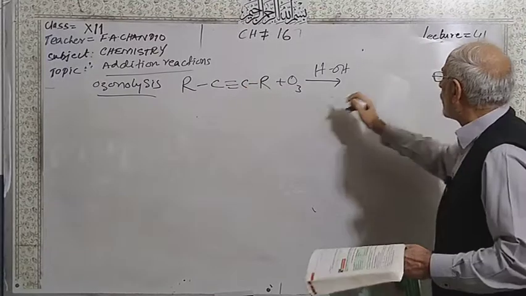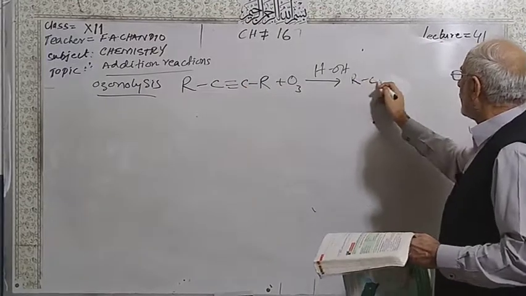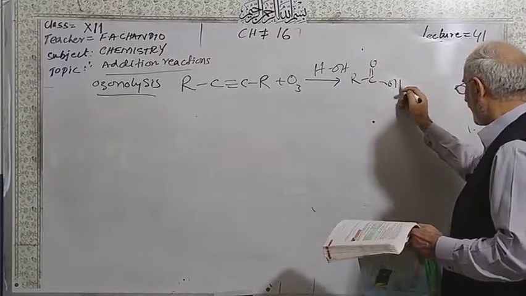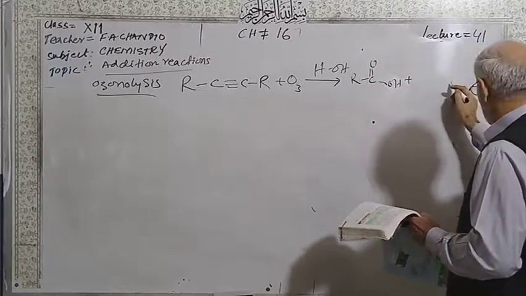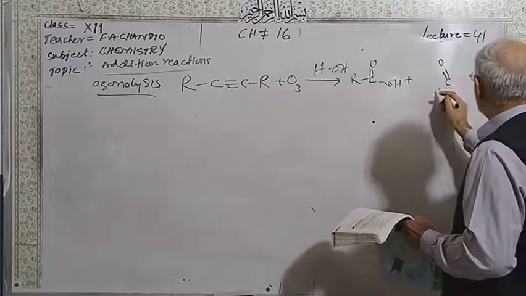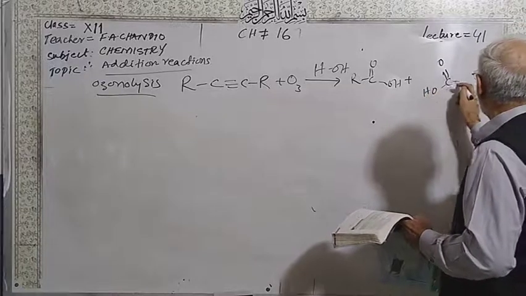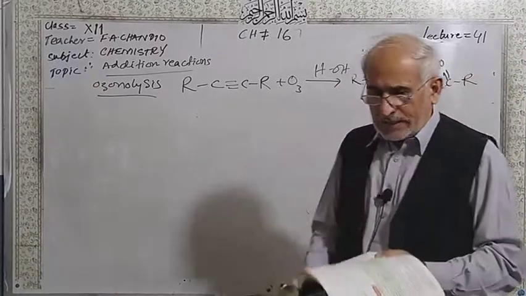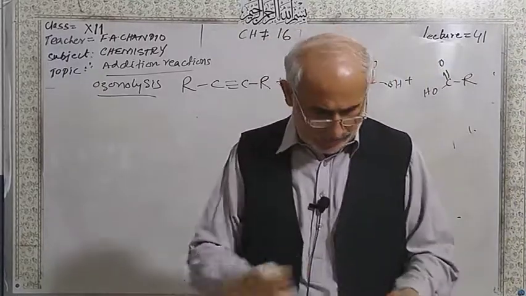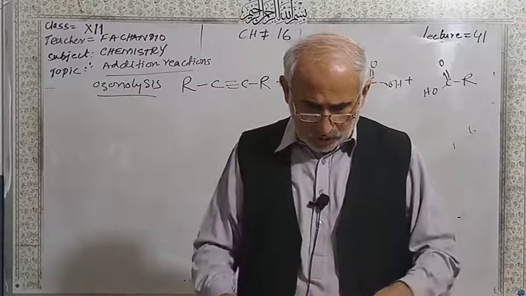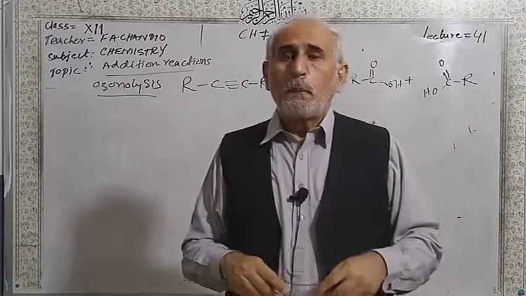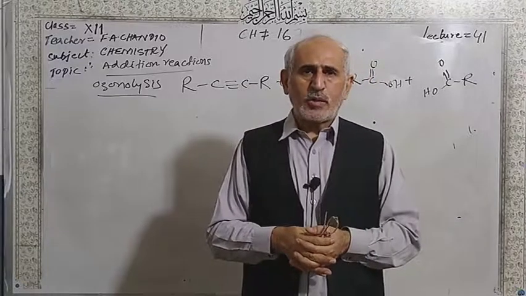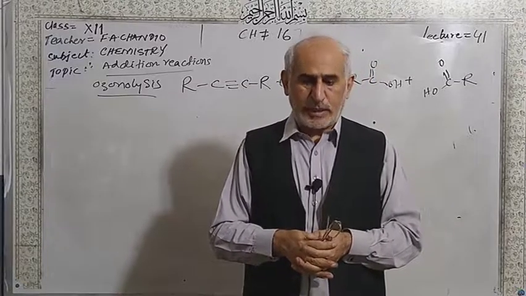This bond is going to be broken down, and you will get a carboxylic acid. Two molecules of the same carboxylic acid are going to be formed here. So this is about the unsaturated compounds, alkenes and alkynes.